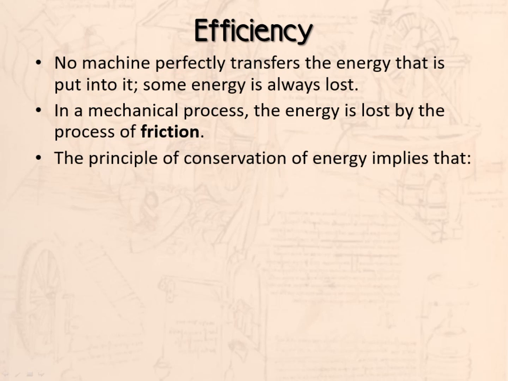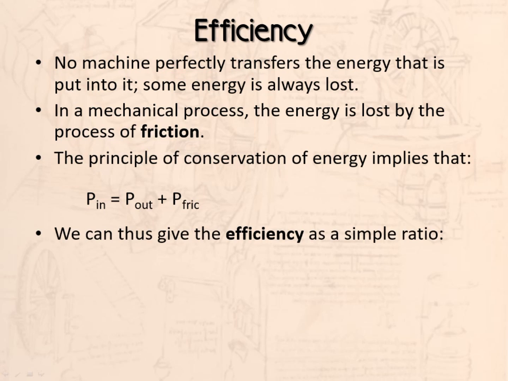If we think about the principle of conservation of energy, the idea that energy can never be destroyed, you can never have less or more energy at the end than you had at the start. What that implies is that the power going into a machine is going to be equal to the power coming out of it plus the power lost in whatever friction is in the machine, because the total amount of energy should be the same.